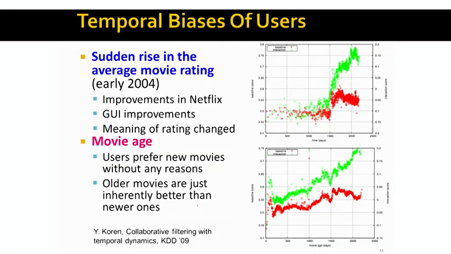So here's the idea. One thing that we haven't yet used in our model is the idea that ratings change over time. For example, people analyzed the data and noticed that if we plot time versus the average score of a movie, around 2004 the ratings jumped in a discontinuous way.